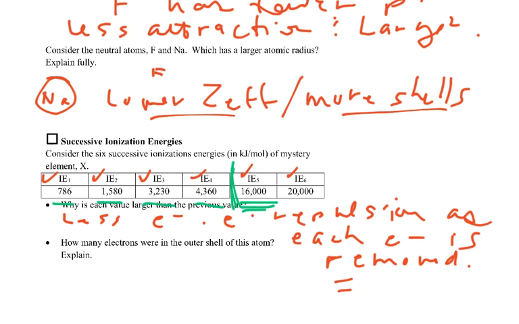The core electrons are closer to the nucleus, and they also have a much, much greater Z effective, because if you go down to the core electrons, the amount of shielding is way, way down. So it's much harder to pull this off. That means there were 1, 2, 3, 4 valence electrons in that outer shell, and that is 9.3.